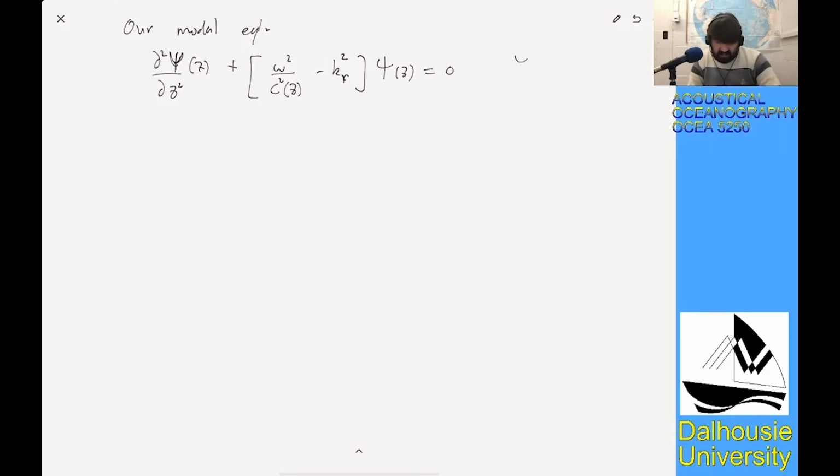It's a displacement potential, and it's doubly transformed. So in the past, I would write this as psi of z, omega, kr, right? But I'm just going to drop those because I'll break my hand otherwise.